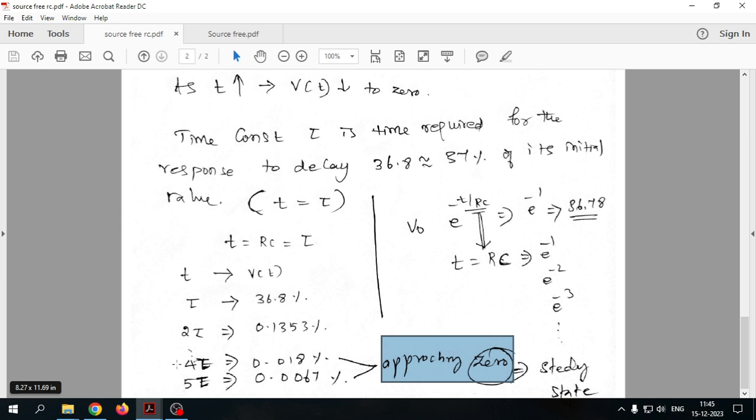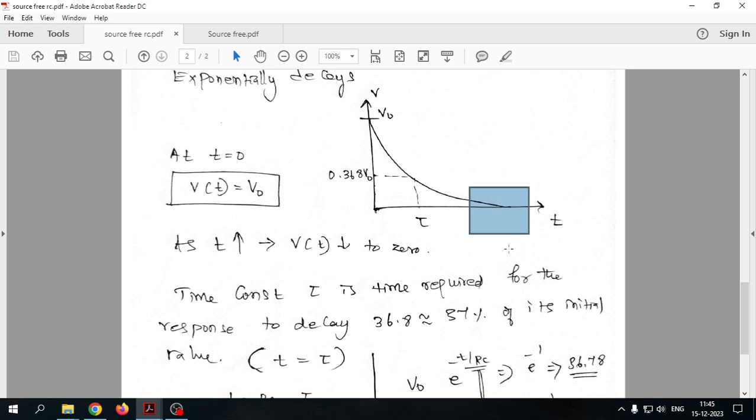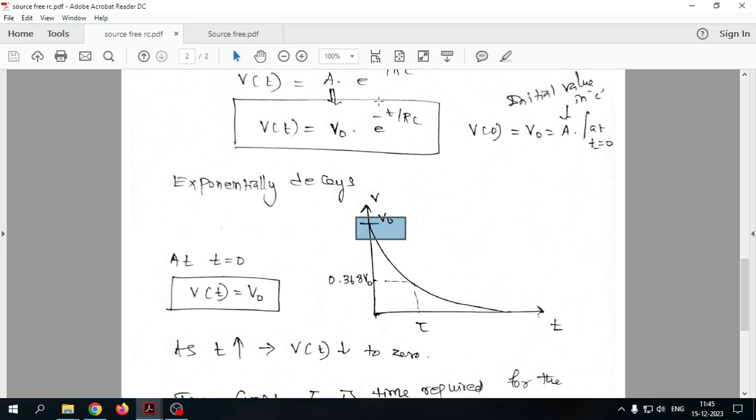So approximately it will take 5 times the time constant tau to reach the 0 value from its initial value. This is actually called the response of your RC circuit. From the initial value, the rate at which the stored energy is discharging is in terms of e power minus t by RC, and at approximately 5 tau you will get the value 0.